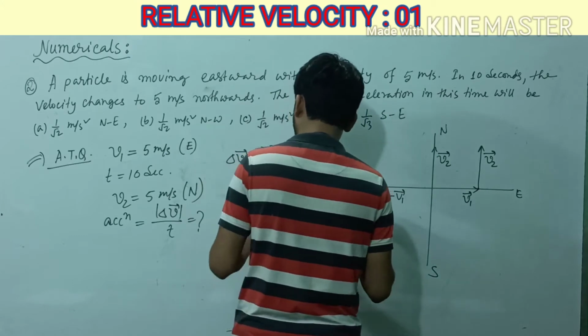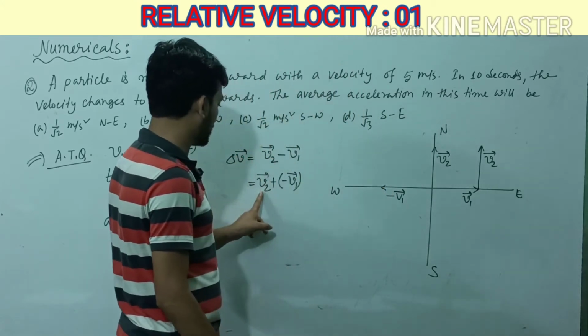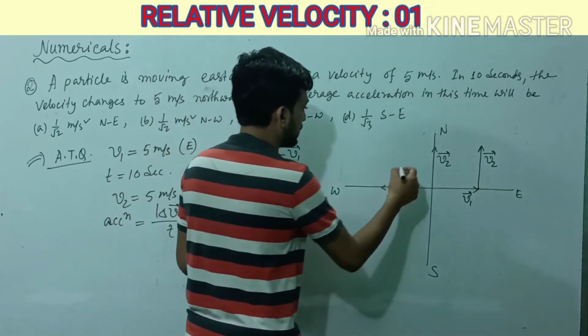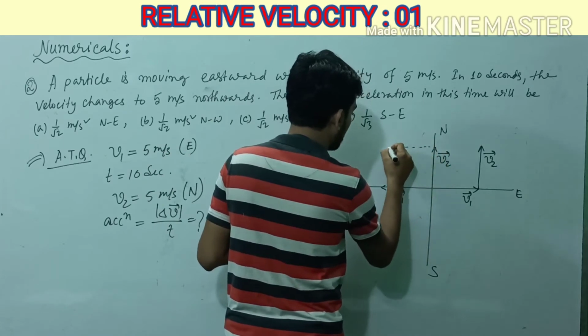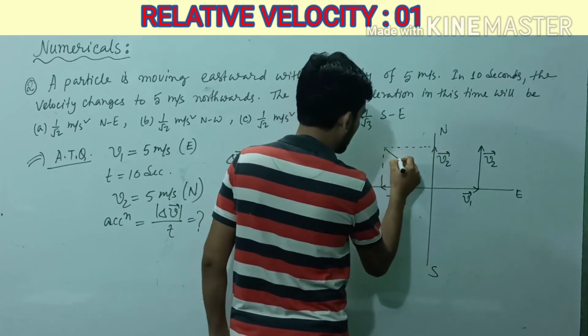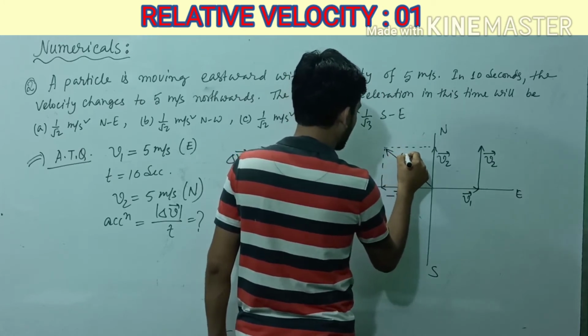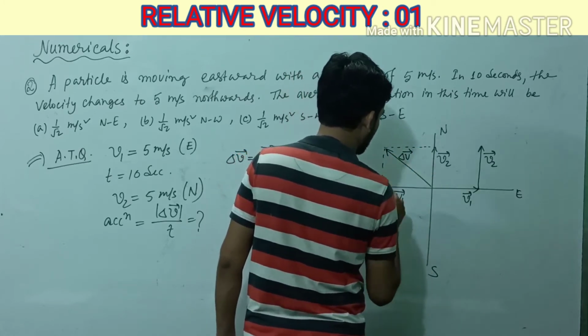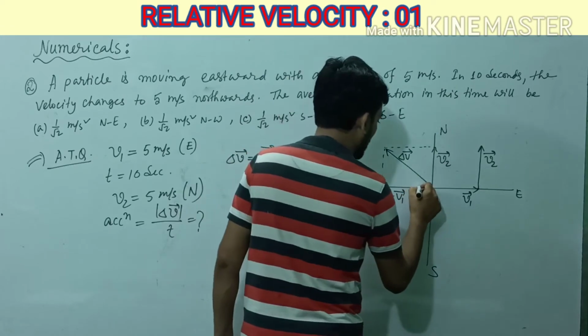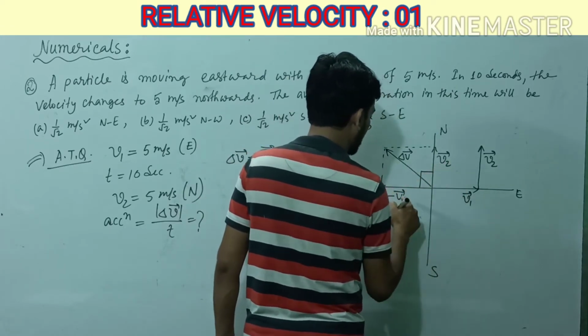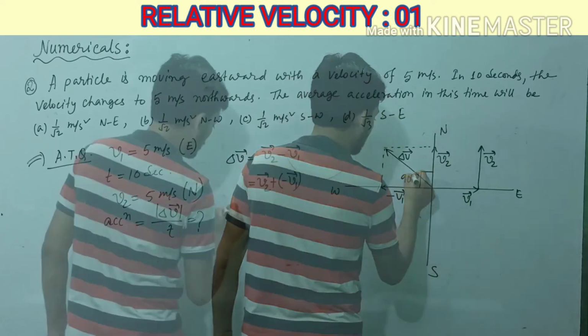So what will be the resultant of the v2 vector and the minus v1 vector? This will be simply the diagonal of this rectangle. The diagonal will provide you delta v, the change in velocity. What is the angle between this v2 vector and minus v1? It is 90 degrees.